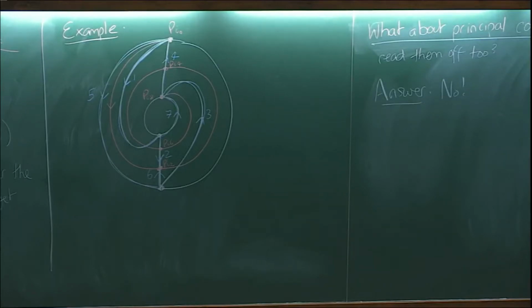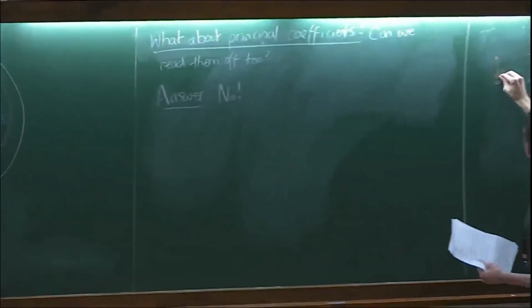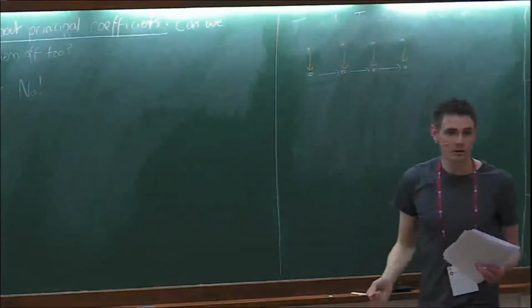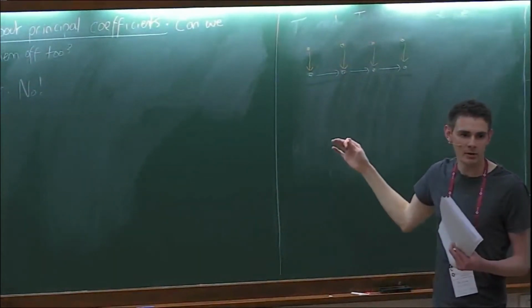So these are your mutable vertices. And principal coefficients are, we're adding in a frozen vertex for each of these mutable vertices, and we're adding one arrow into that corresponding vertex. That's what I mean by adding principal coefficients.